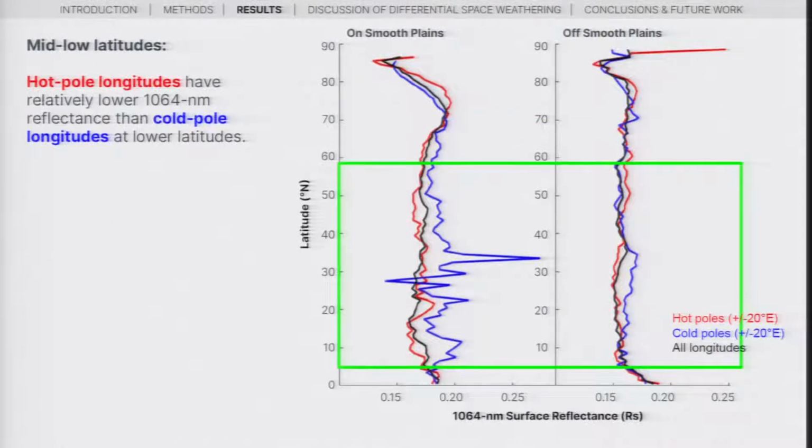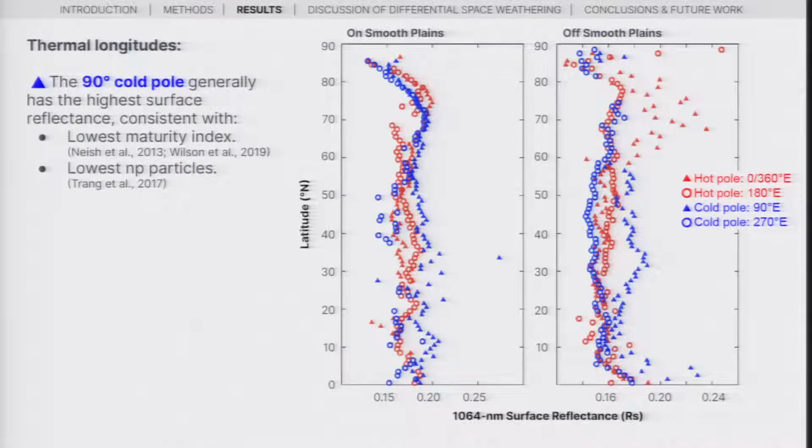But again, we're really interested in this mid-to-low latitude region. So far, it looks like there are certain regions where hot pole longitudes have relatively lower reflectance than the cold pole longitudes. But it gets a little bit more complicated. You can also begin to separate the two cold poles and the two hot poles.